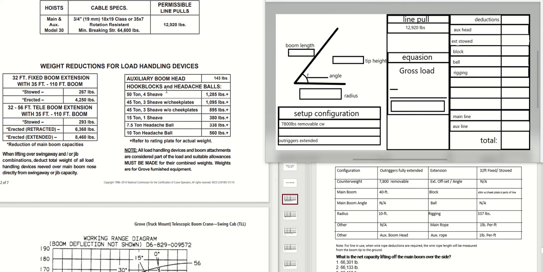So if you have, for instance, a 32-foot fixed jib, that's going to be a deduction. If it's stowed, we're looking at a deduction. If it's erected, we're looking at a deduction. The reason being is that is the reason that changes.